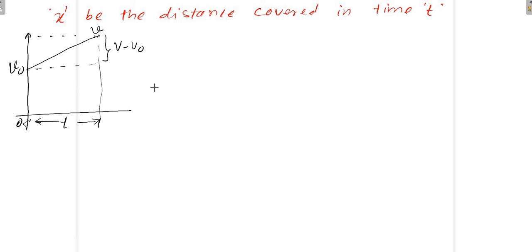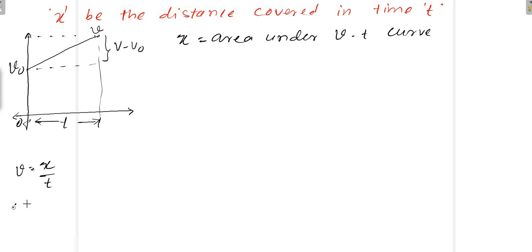Now you can see that the distance is nothing but the area under the curve, right? So x is equal to the area under the v versus t curve. Very easily we can prove that if, see, velocity is nothing but distance divided by time, therefore x is equal to v into t.